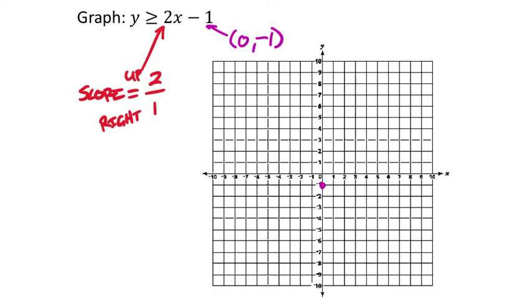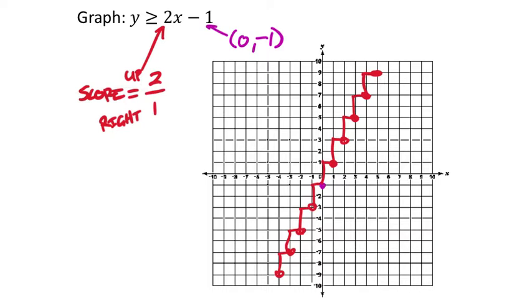And then I'm going to graph the rest. I'm just going to put points on there. I'm not worried about if this is solid or dashed yet. I'll get there. But I'm going to go up 2, to the right 1. So up 2, to the right 1. That's the next point. Up 2, to the right 1. And so I'm showing all the stair steps, although you don't necessarily have to, and most students don't when they're doing it by hand. Of course, on the computers for the assignments, you just have to put 2 points in and it will graph the line.